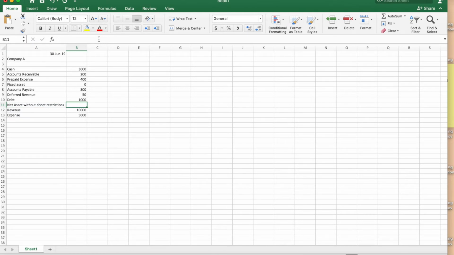Since I'm more familiar with government or nonprofit accounting or audit, I'm going to use that as an example. Net assets without donor restrictions.